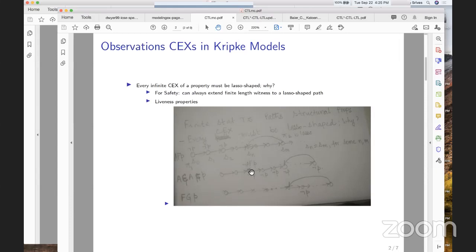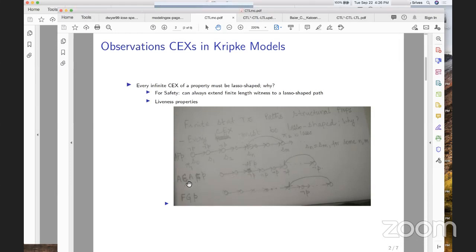From that point onwards, you will have to construct a counterexample similar to that for AF of P. So this is a counterexample to AF of P, and given that you know how to construct one for AF of P, this is AG of AF of P. You will first have something, there must be a point where not P will be in a lasso.